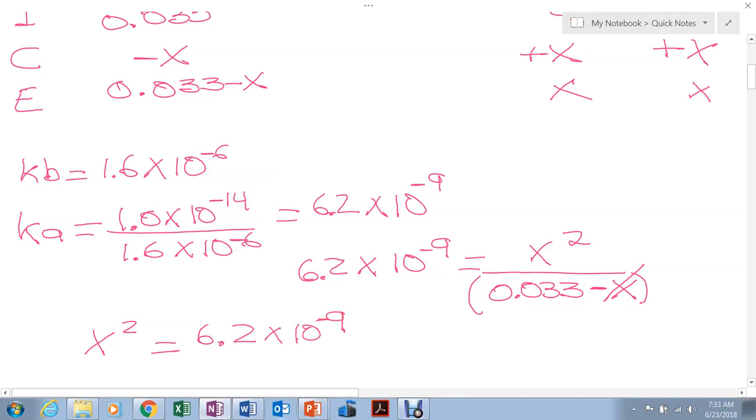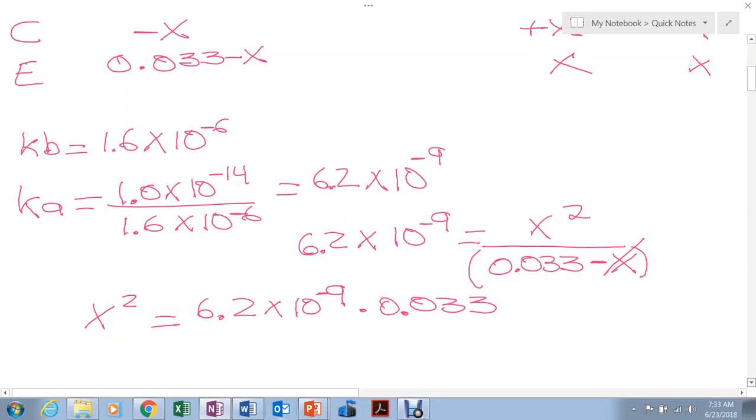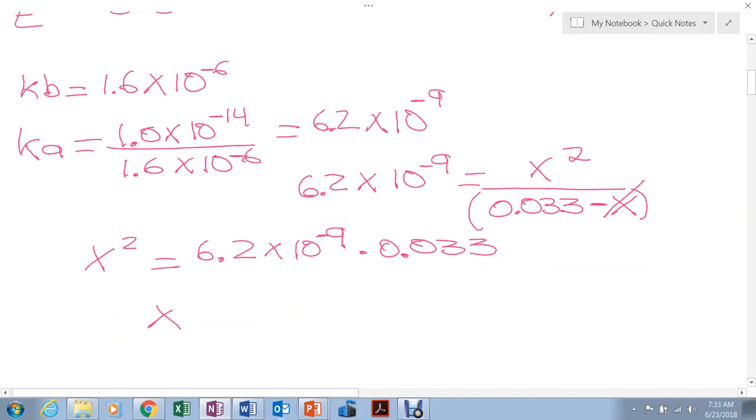9 multiplied by 0.033. That gives me x equals the square root of this, that's 2.06 times 10 to the negative 10.